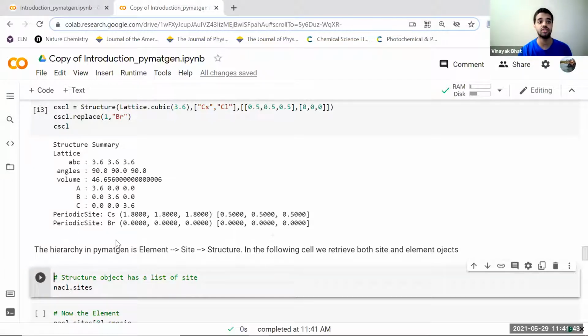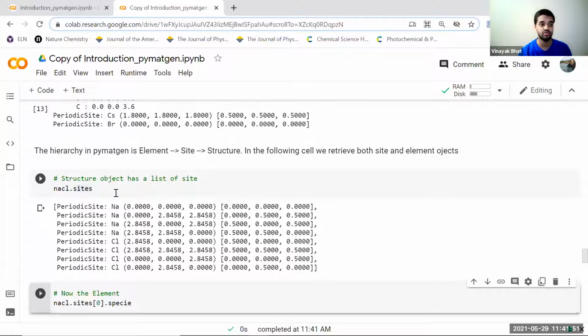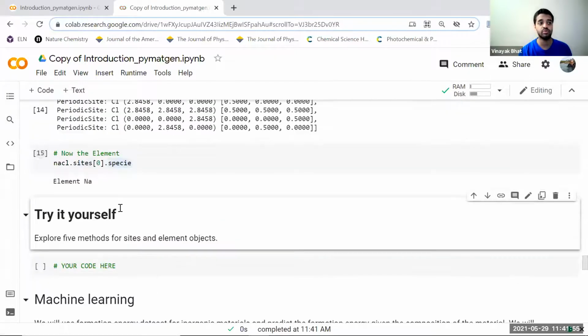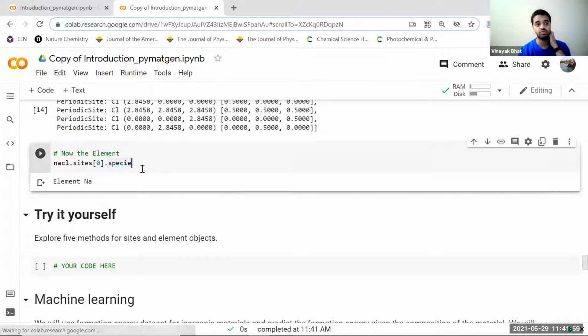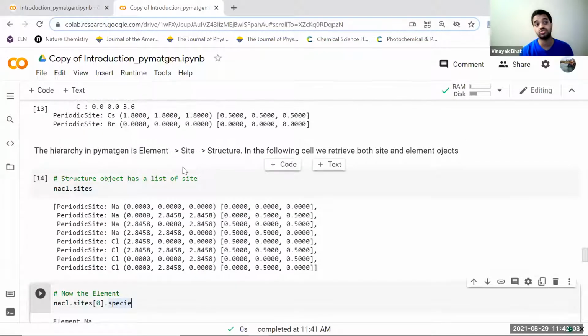So this is a site, and each site is again made of elements. So if you do periodic sites, you'll get all these sites, right? A list of sites. So then you can choose a particular site and look at what element it is. So it's element Na. So this is how we go from structure to site to elements.